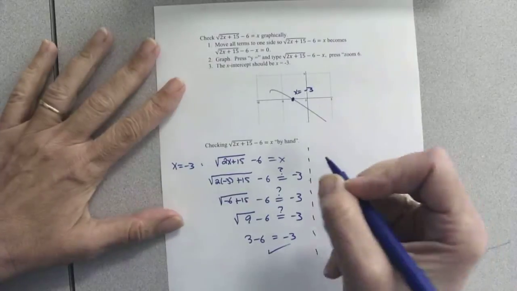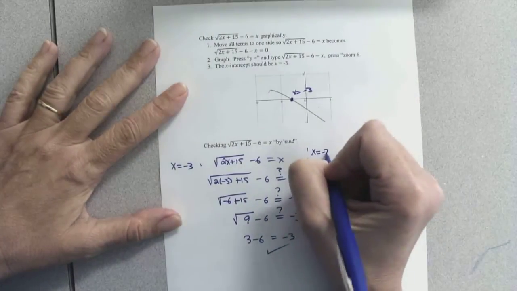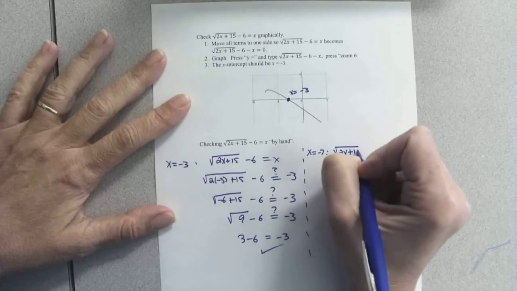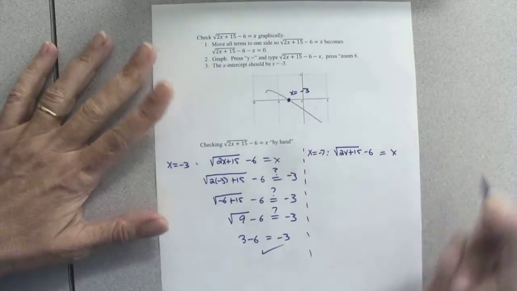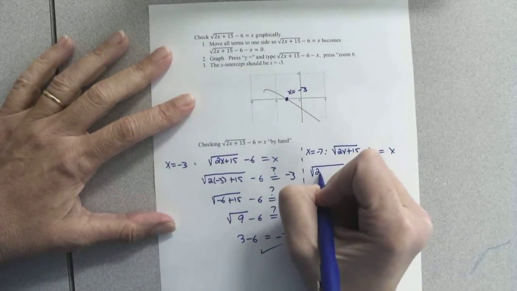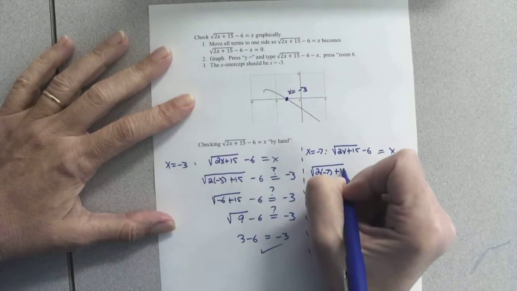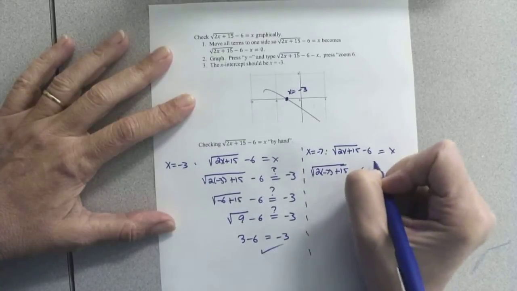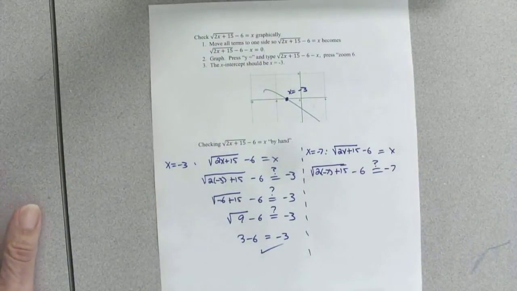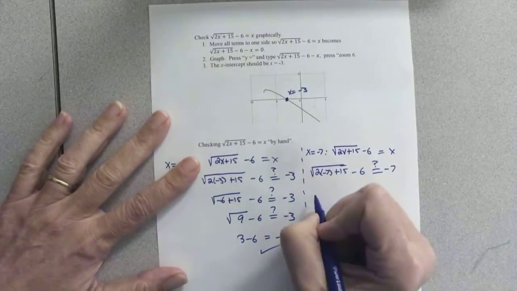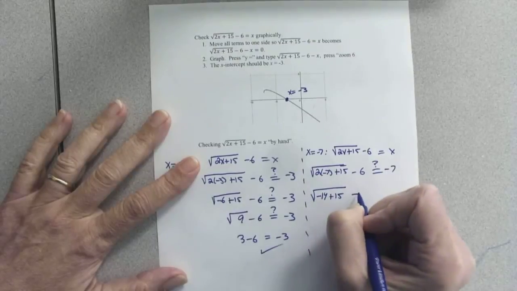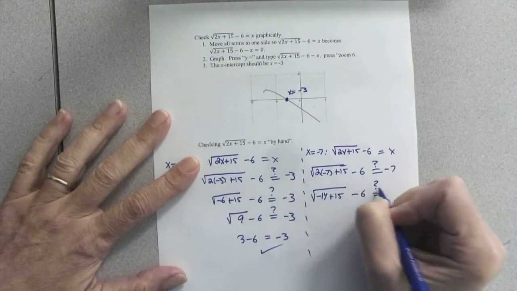Checking x equals negative 7. Doing the exact same thing. Plug in the negative 7, see what happens. So the square root of 2 times negative 7 plus 15, minus 6. Is that going to be negative 7? I replace the x's with negative 7, see what happens. That's going to be negative 14 plus 15, then the square root of that.